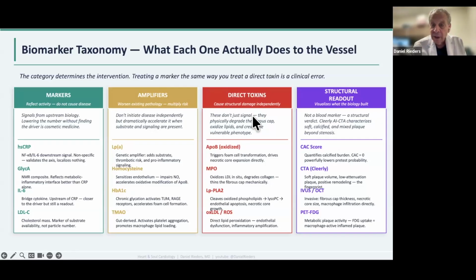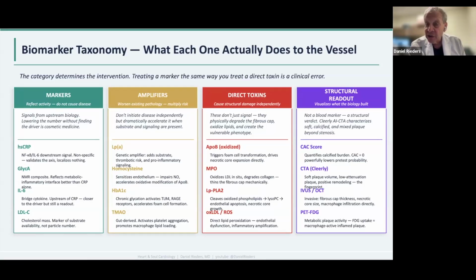And then what are the direct toxins? Well, these are ApoB, oxidized LDLs in here, Lp-PLA2, myeloperoxidase, which is associated with oxidized LDL, which attacks the fibrous cap and promotes this fire going on in the artery.